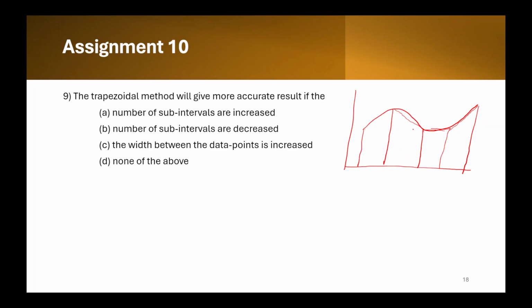So because this is an approximation, it may not give you the accurate result. Plus, suppose this is the number of data points, which is quite less right now. If you increase the number of data points, so you get a better approximation.